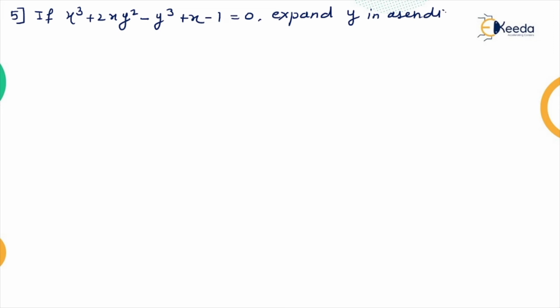If you are given x cube plus 2xy square minus y cube plus x minus 1 equal to 0, expand y in ascending powers of x.